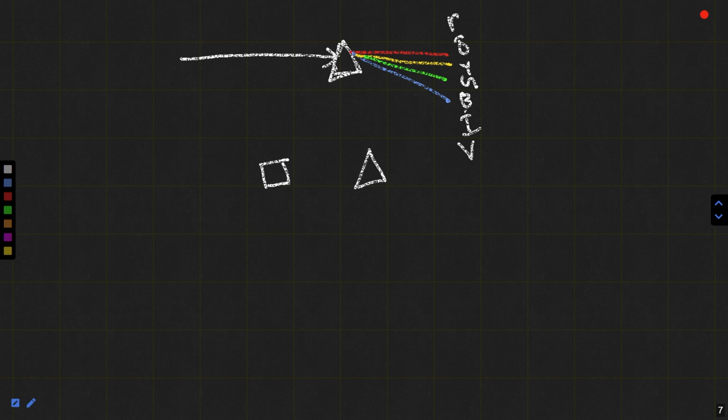Now, this violet light is being bent more. As compared to other lights, this light is the most bent one. Whereas the red light is the one which is bent in a very small amount.